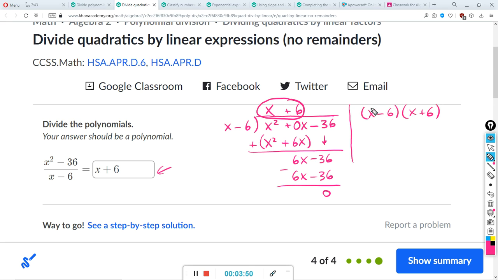See, if you FOIL it, you'll have x squared minus 6x plus 6x cancels, and then you have negative 6 times 6 is negative 36. And then divide by x minus 6. And it just cancels, and you're left with x plus 6.